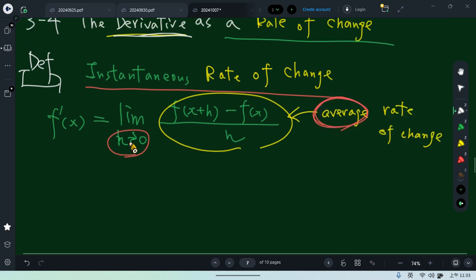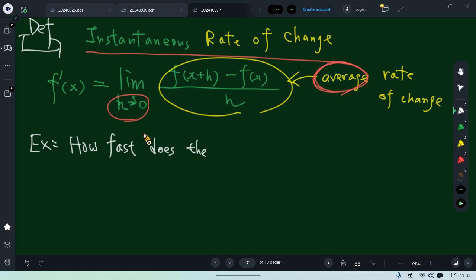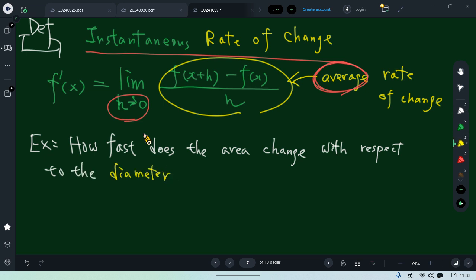So, for example, I will give you an example: how fast does the area change with respect to the diameter when the diameter is 10 meters.